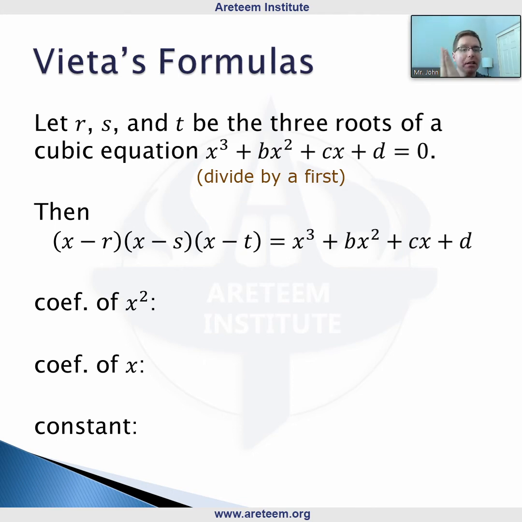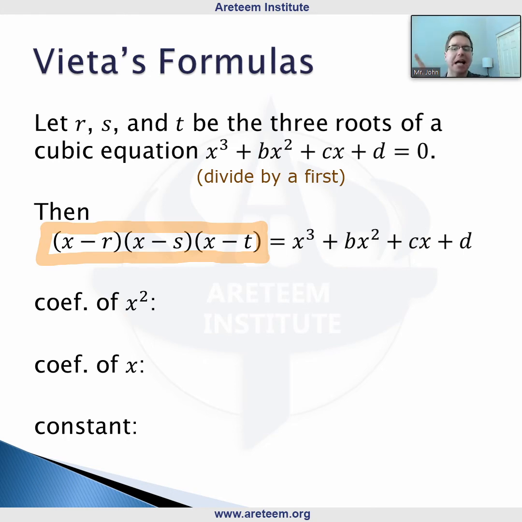Now, if we're given the three roots, that is a clue about how this would need to factor. If r, s, and t are the roots of the equation, it's definitely going to need to factor with r, s, and t. This is the reason that we wanted to get rid of that a term.